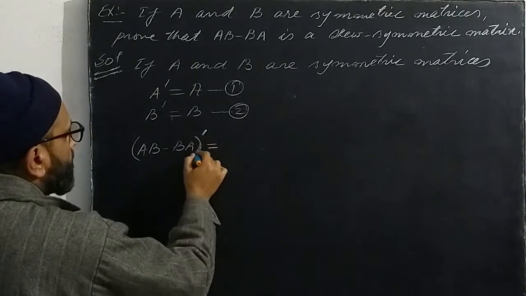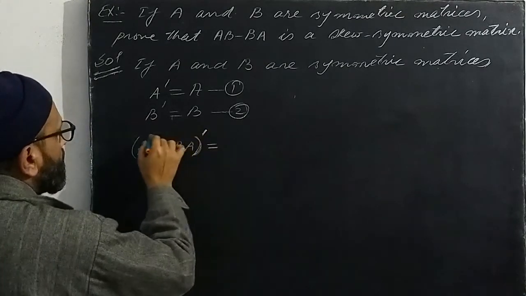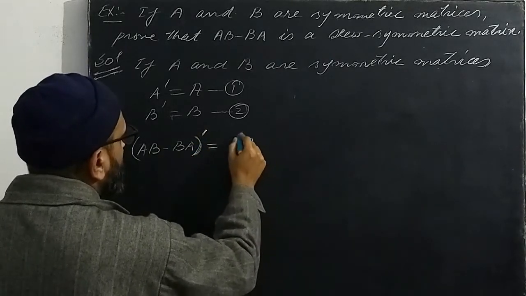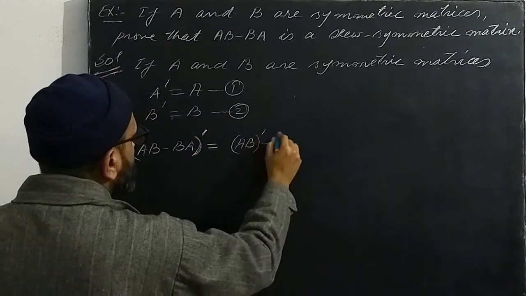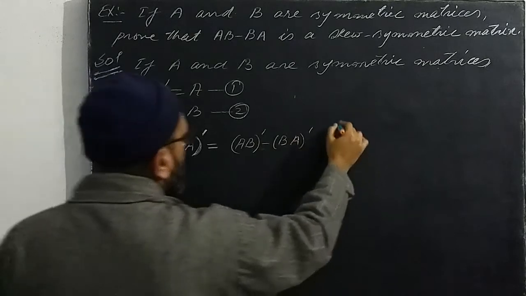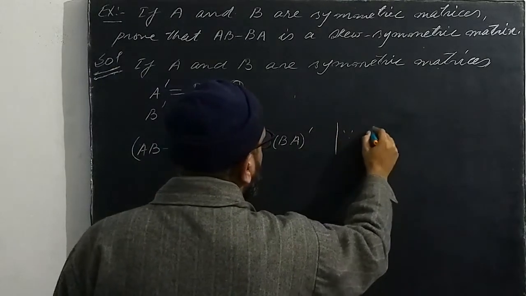So if we open up this bracket, this transpose goes on both the terms. So we have (AB) dash minus (BA) dash, and we better give the reason.